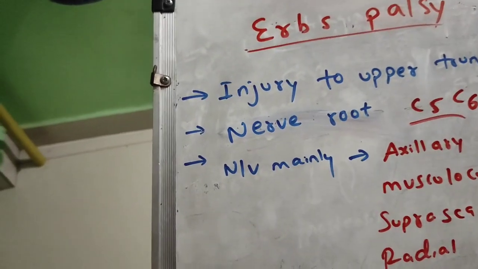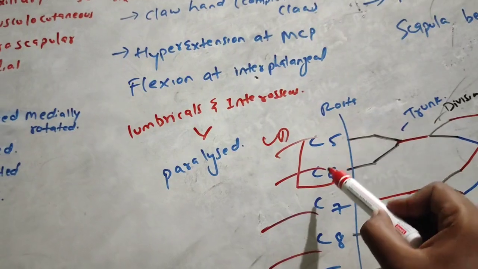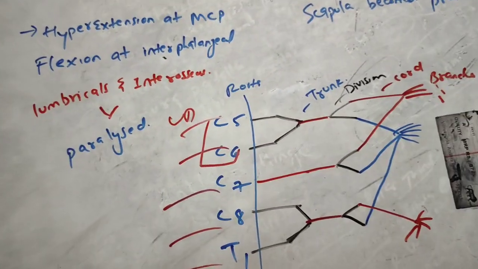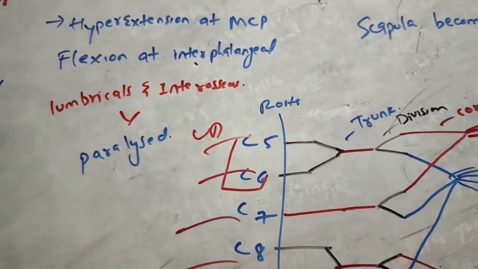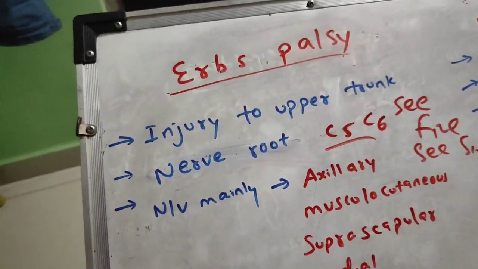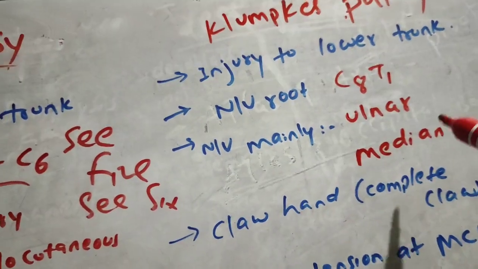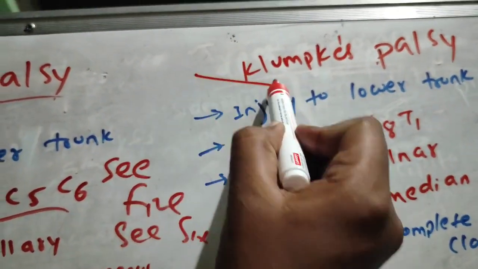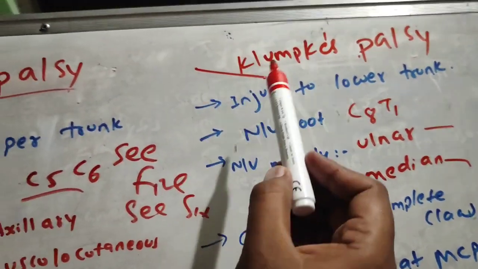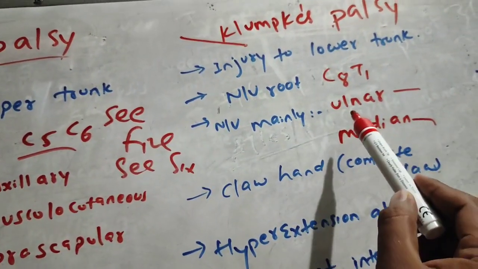Which nerves are mainly involved in Erb's palsy? From C5, C6, all the nerves are going to be affected except the CUM nerves. CUM, spelled C-U-M, stands for Klumpke's palsy, meaning ulnar and median.